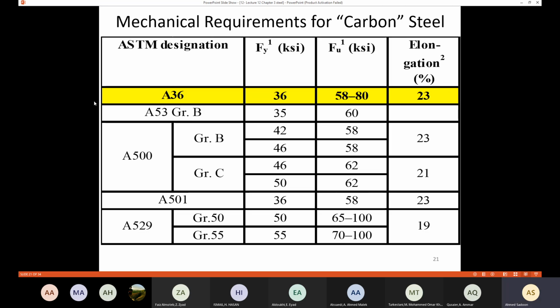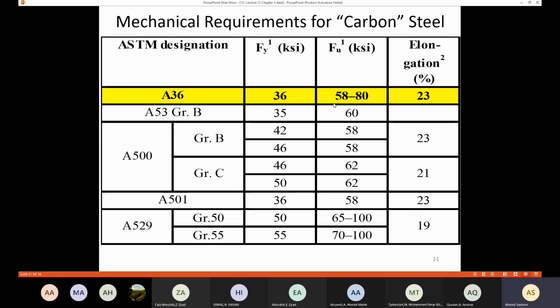So for example, look at A36. The value of Fy came out to be 36 KSI. So this one is the value of the yield strength, the point at which the behavior of the material is going to be plastic behavior, which means that after that value, we are going to have permanent deformation. Here we have the value of Fu, the ultimate strength.